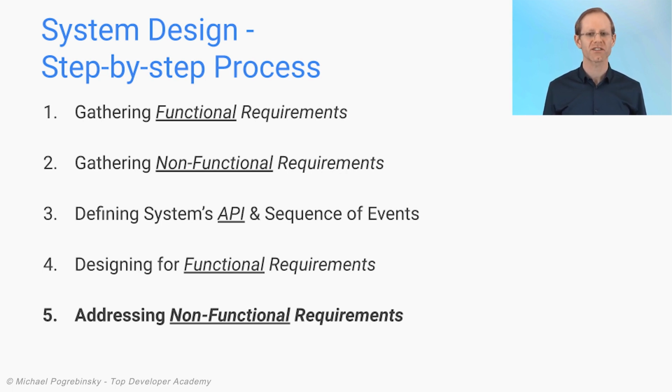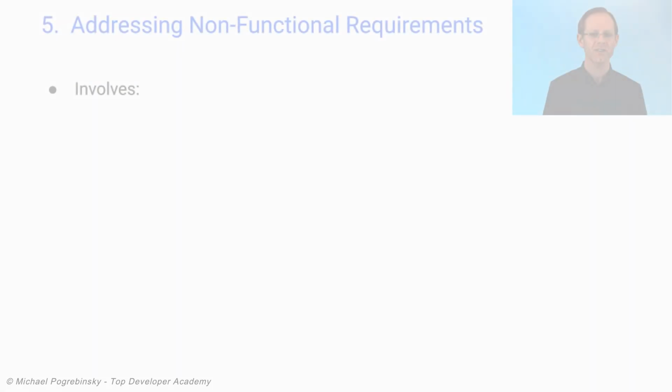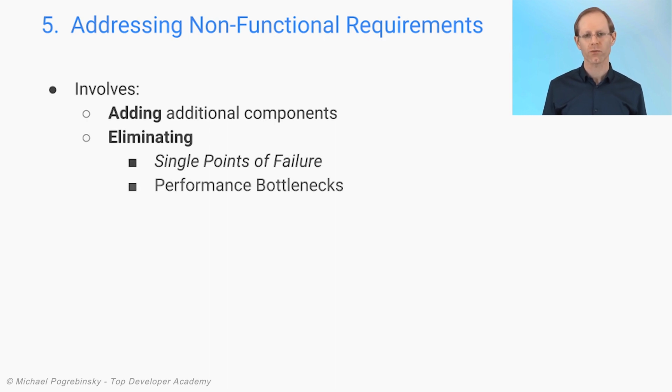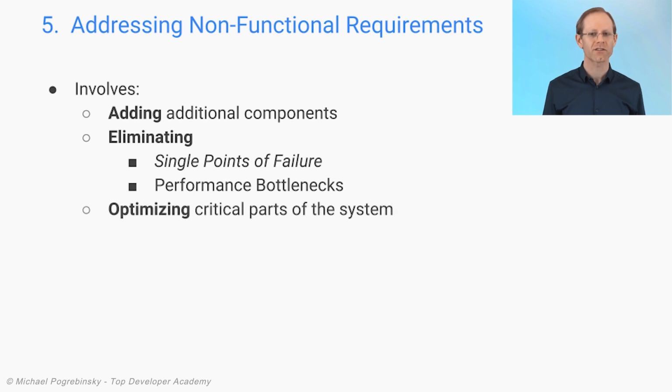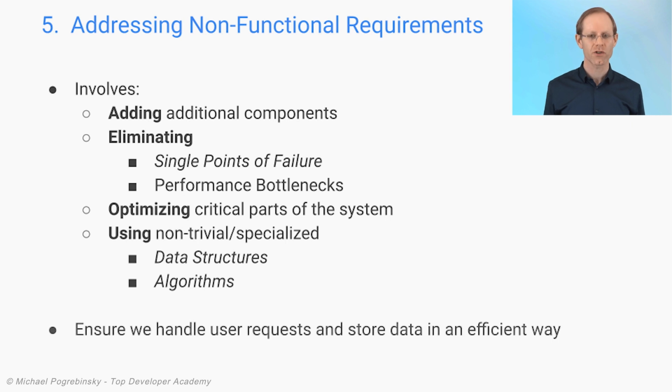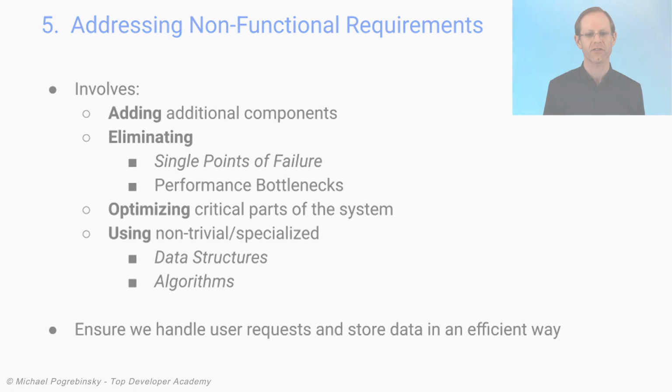Finally, in the last step, we finalize our software architecture to meet all the non-functional requirements, which we gathered in the second step of our design. This may involve adding additional components, eliminating potential single points of failure or performance bottlenecks, and optimizing certain critical parts of our system using different data sharding or processing techniques, software architecture patterns, and non-trivial and specialized data structures or algorithms, all to ensure we handle user requests and store our data in the most efficient way for our specific use case.